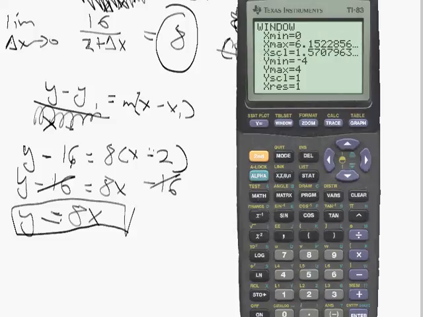We're going to be undefined at 0, so let's go from 0 to, I don't know, 20. Let's see how that does.